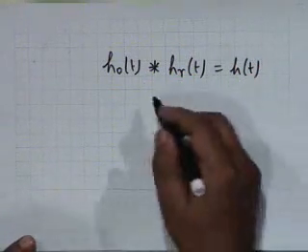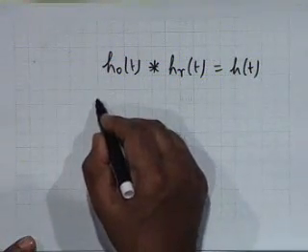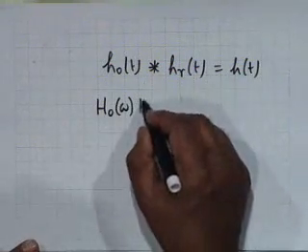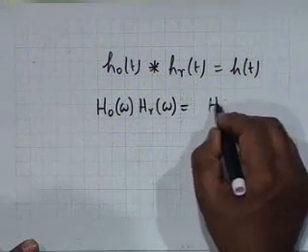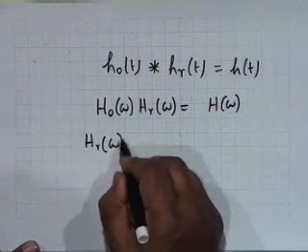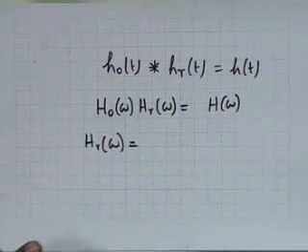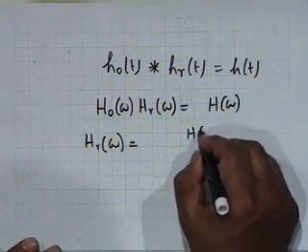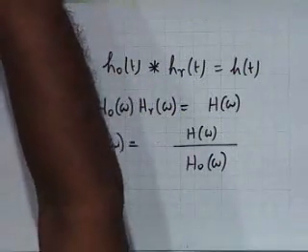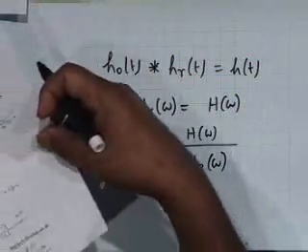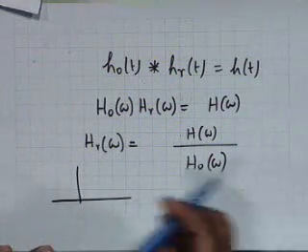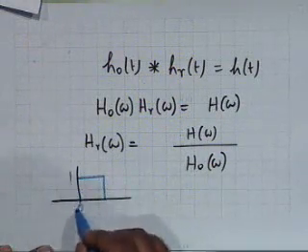In other words, if I take the Fourier transform, then H naught of omega multiplied by HR of omega should be equal to H of omega. Therefore, the requirement of the recovery system is that the frequency response HR of omega should be H of omega divided by H naught of omega. And you can see that H naught of omega is simply the Fourier transform of this, it is a sinc function.